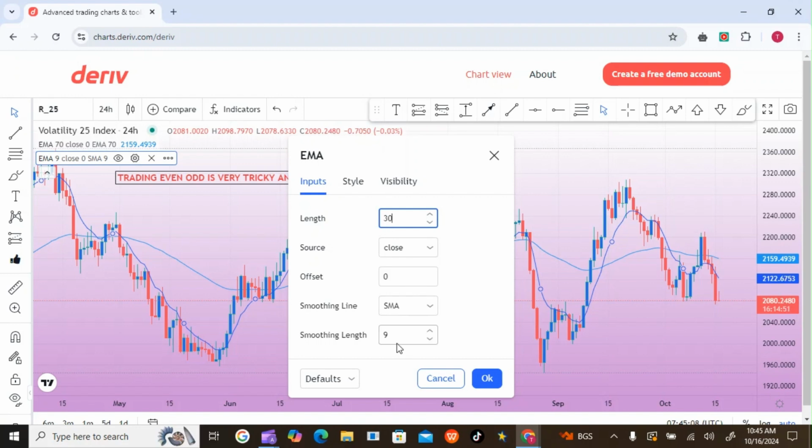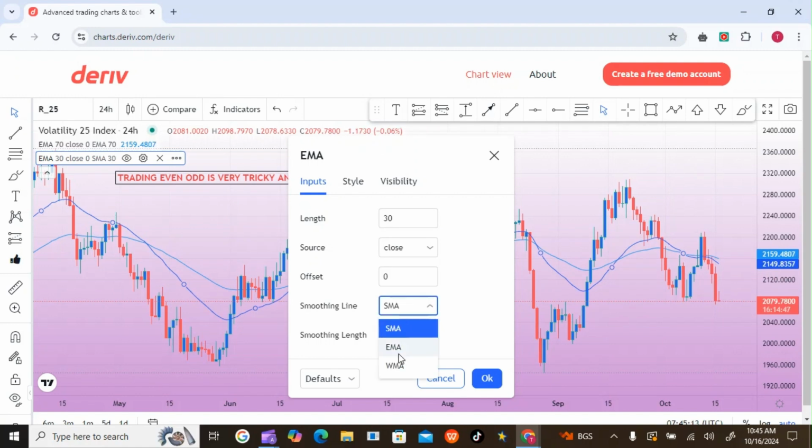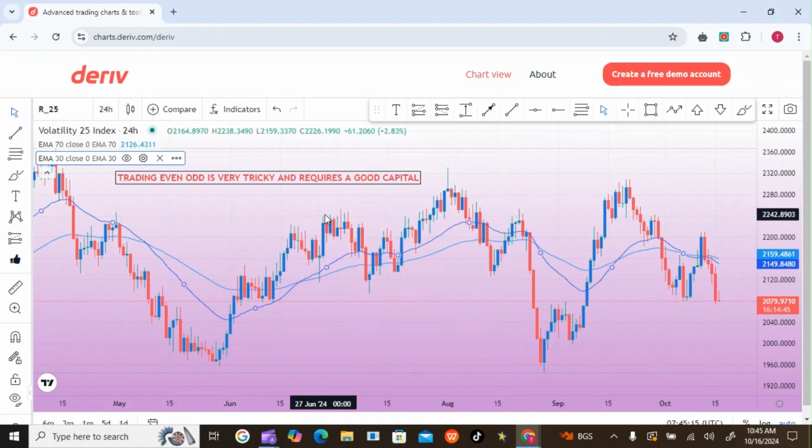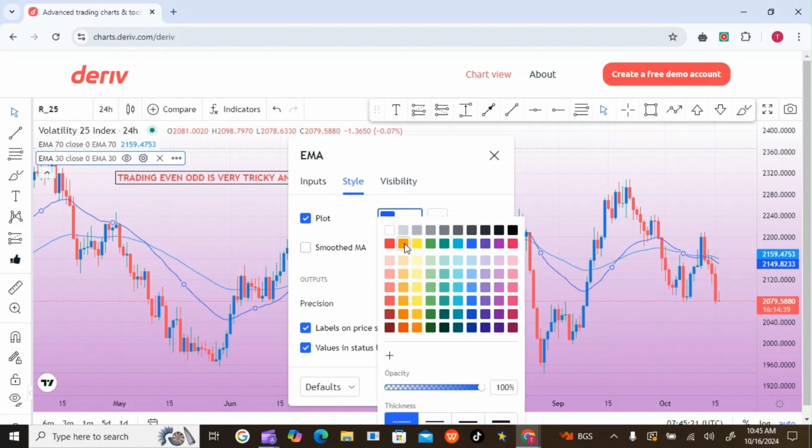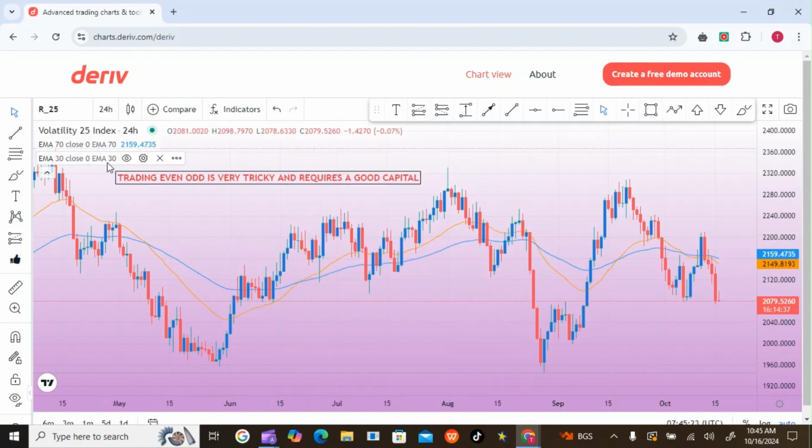For this one you will change it to 30, and 30 again, then for the smooth EMA put it to EMA, and change the style of the color to something like yellow.